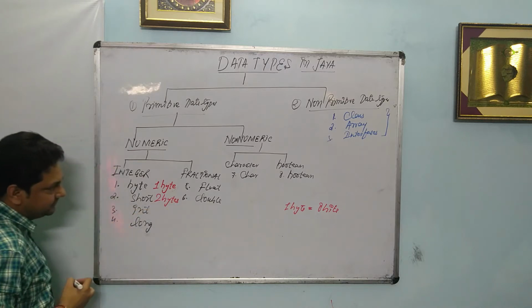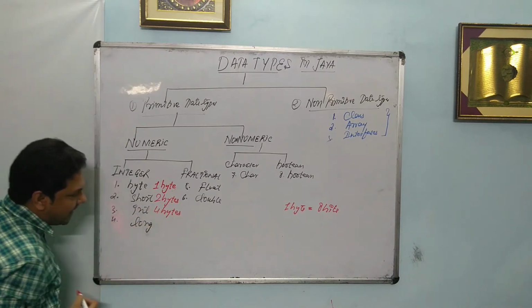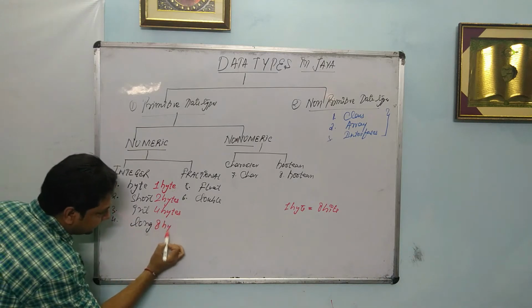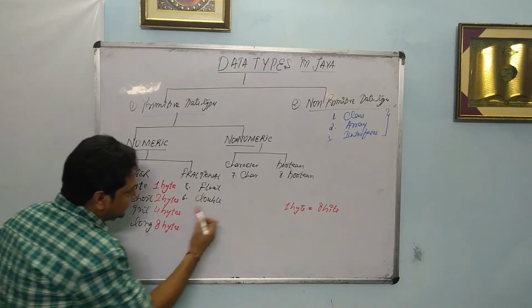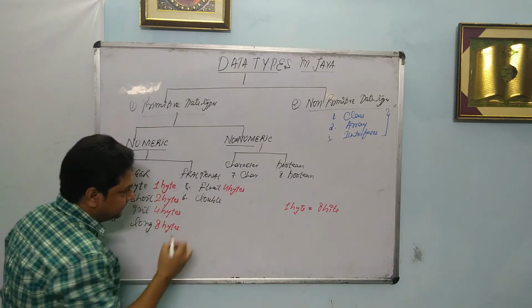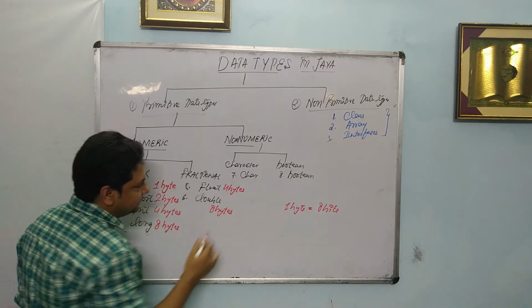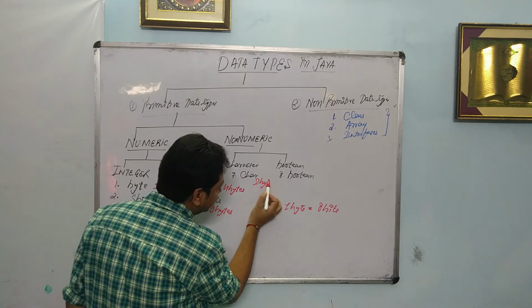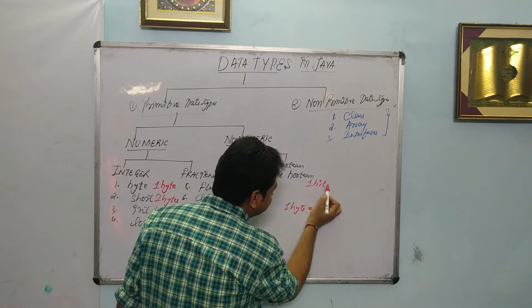Short, 2 bytes; int, 4 bytes; long, 8 bytes. Float, 4 bytes; double, 8 bytes; char, 2 bytes; boolean, 1 bit.